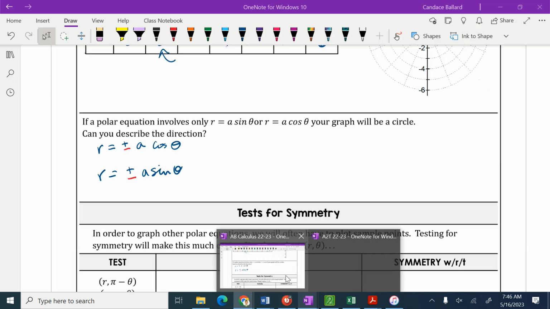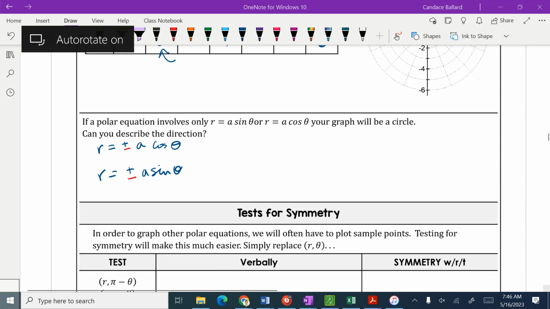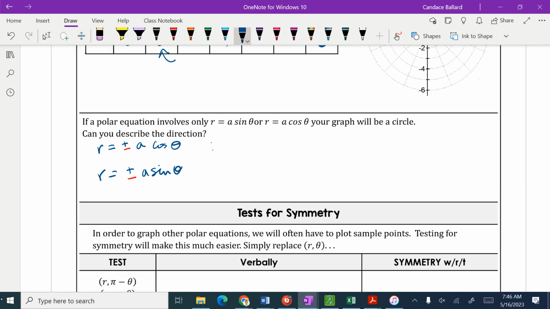For cosine, we just learned that it has x-axis symmetry. If A is positive, we are on the right, whereas if we had negative A, we are on the left. Positive A on the right, negative A on the left.